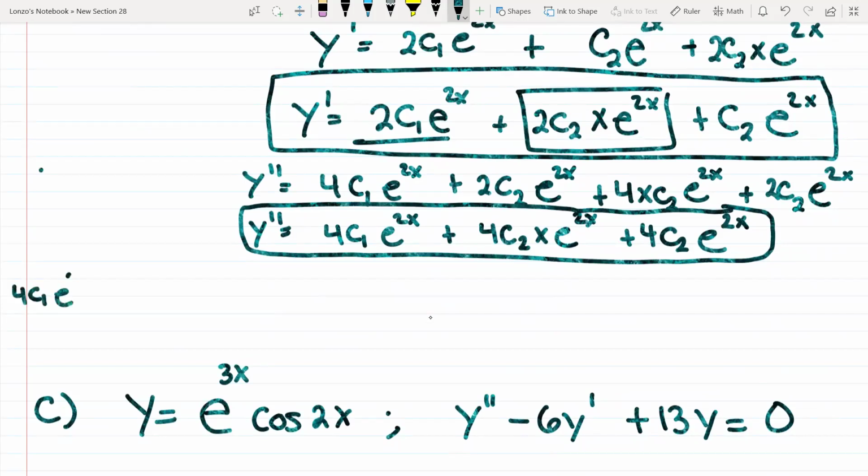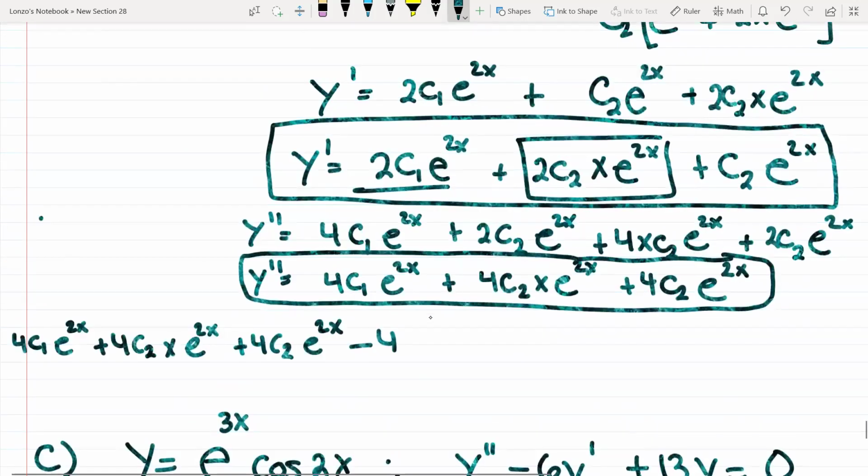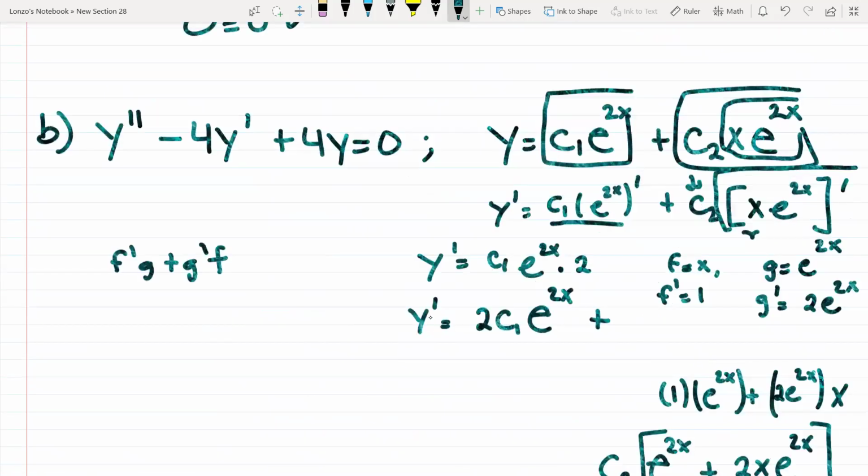That would be 4C1 e to the 2x plus 4C2x e to the 2x plus 4C2 e to the 2x, minus 4 times y prime.